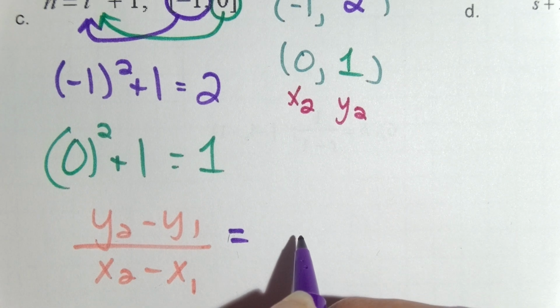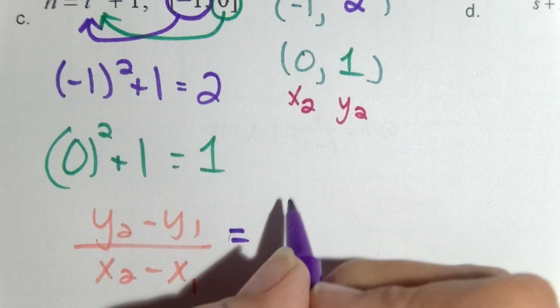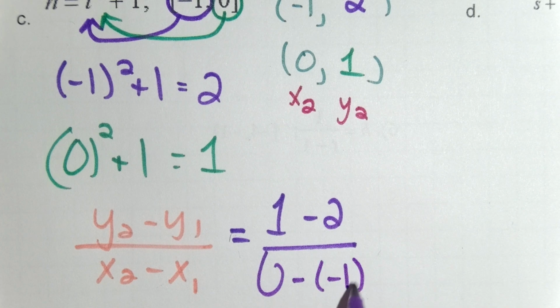Nope, not 1 minus 2. Oh yeah, you're right, my bad. 1 minus 2, sorry. Over 0 minus -1. Don't forget to put these in parentheses. When you put that in your calculator, you get -1.